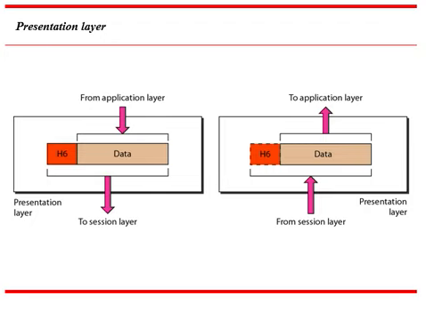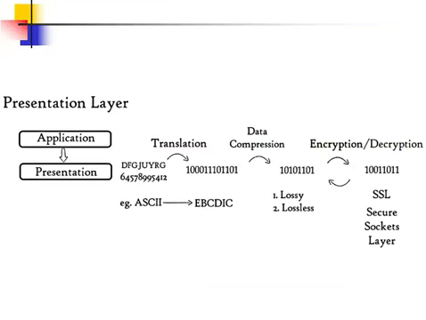The information that appears in the application layer is forwarded to the presentation layer, which adds its header. In the presentation layer, the information received from the application layer is in the form of different ASCII characters, which may be alphabetic or alphanumeric characters.